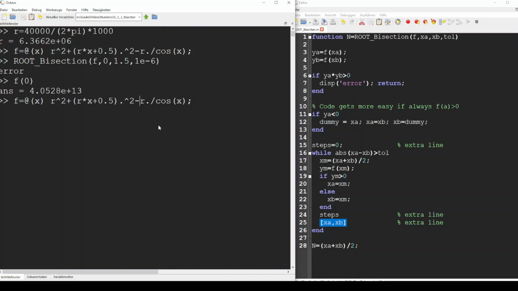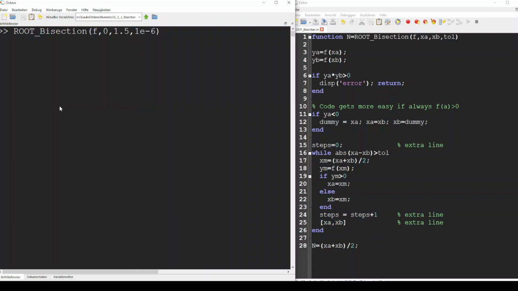Yes, I forgot to square that. This is the function we are interested in. Okay, and now let's look for the roots in this interval. Steps should be increased by 1.